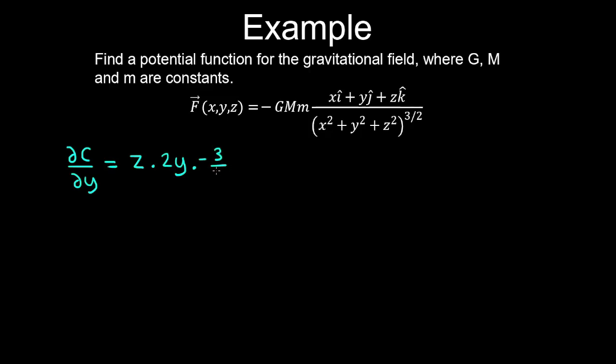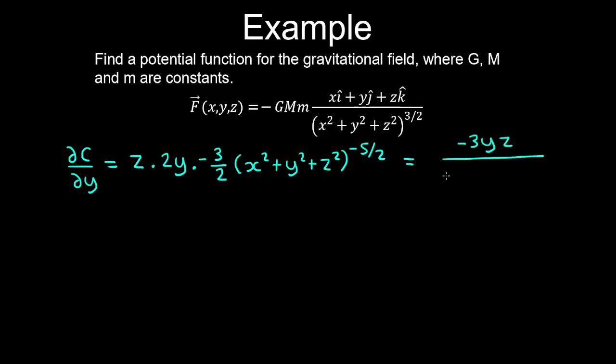So we're just applying the chain rule here. By x squared plus y squared plus z squared to the minus 5 on 2. So what we get is minus 3yz on x squared plus y squared plus z squared to the 5 on 2.